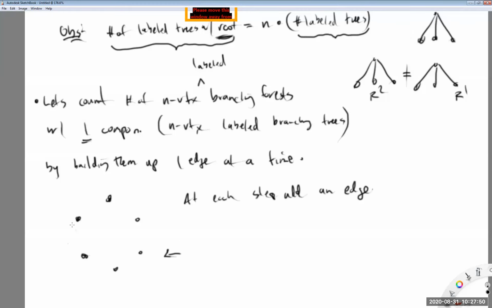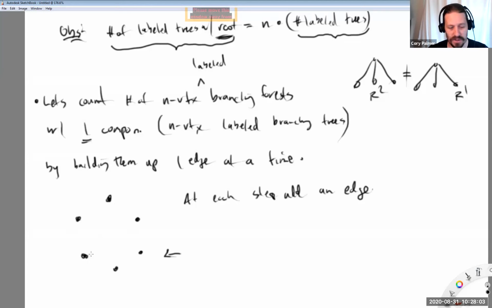Yeah, there's 6. Each of them has its own label. Again, we're gonna use the orientation here, so the label is the position in the plane. And each of these is a branching forest. So what does that mean about this very uninteresting individual forest in each of these steps? Each of these also is the root of its own component, right? This component has a root, and there's no choice but for that vertex to be the root, okay?